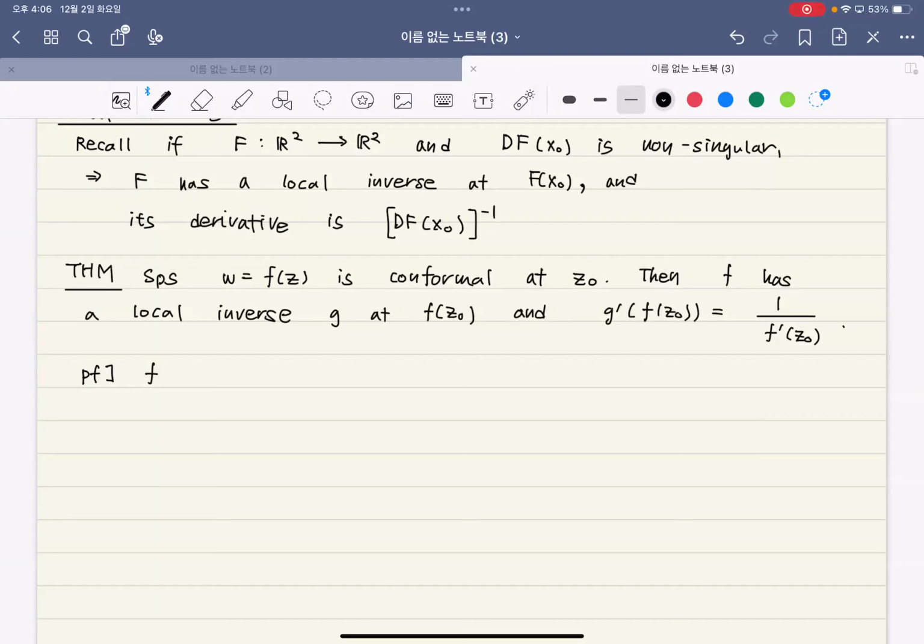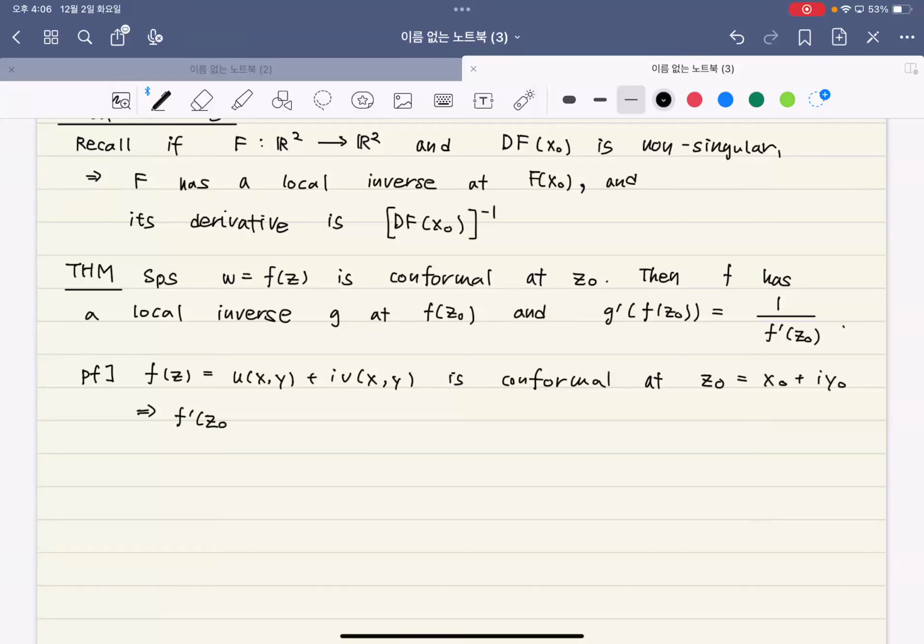Well, suppose that this is my f of z. In coordinates, I say u plus I times v. In other words, this is x0 plus I times y0.